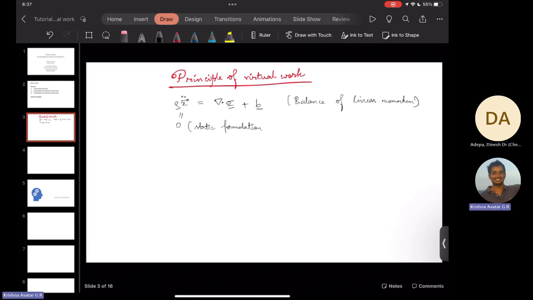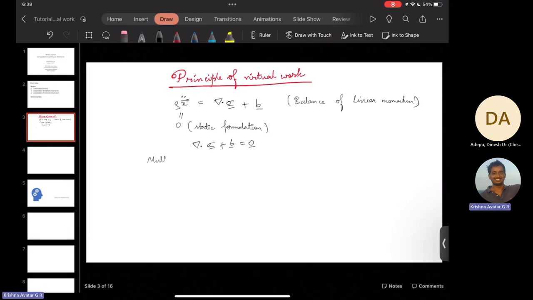When we talk about dynamic formulation, we will have to use something known as a double integration. What we have here is that if it's a static formulation, then we only need to worry about divergence of sigma plus b vector is equal to 0, isn't it?